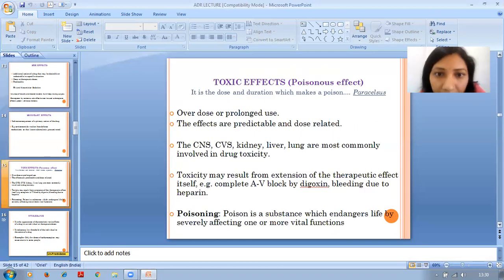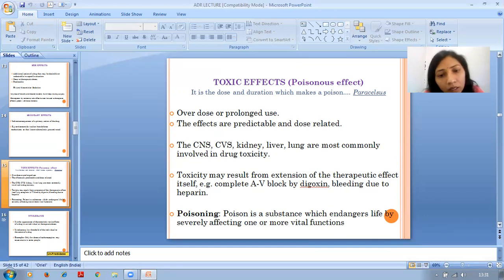Then toxic effects. These are the effects which appear when we use the drug in a very high dose or over a prolonged period. These are predictable and dose related. They are pharmacologically related effects. And most toxic effects generally affect the CNS, CVS, kidney, liver, lungs.